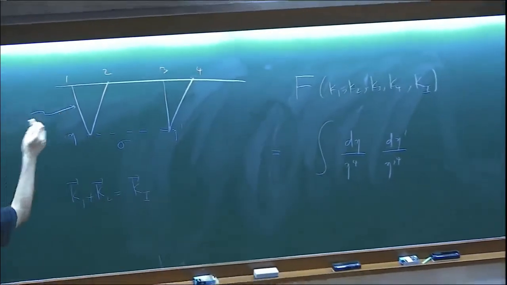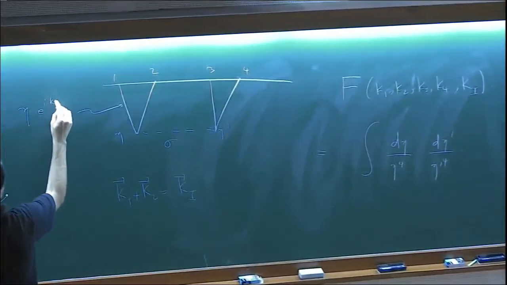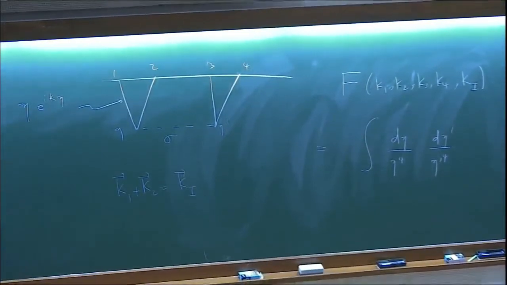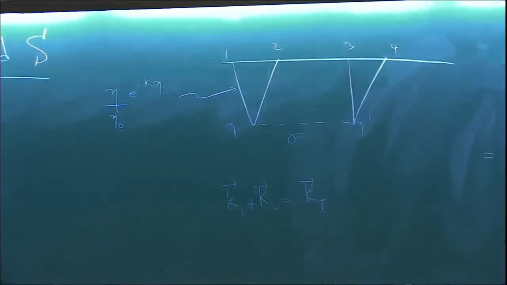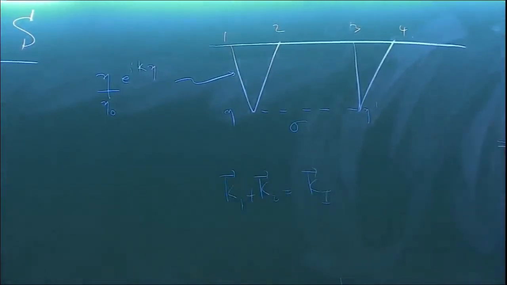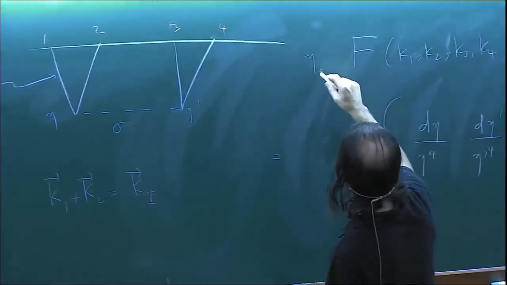The classical solution here was eta, e to the i k eta. Okay, so that's the propagator now divided by eta naught. So first of all, I'm going to get an overall 1 over eta naught to the 4th. So let me put the eta naught to the 4th out in front of this thing.